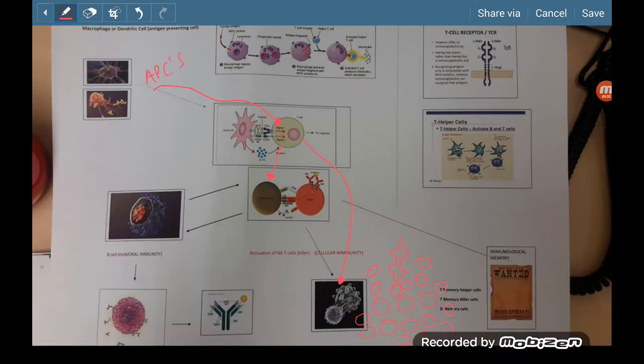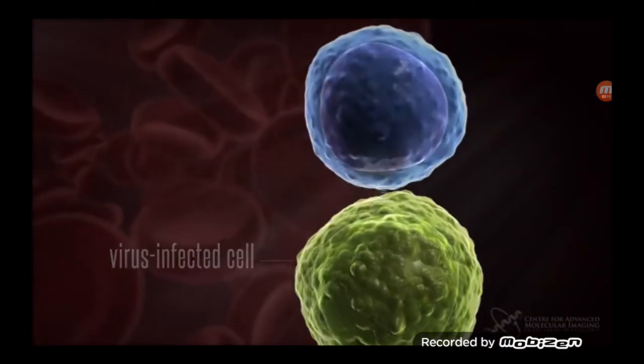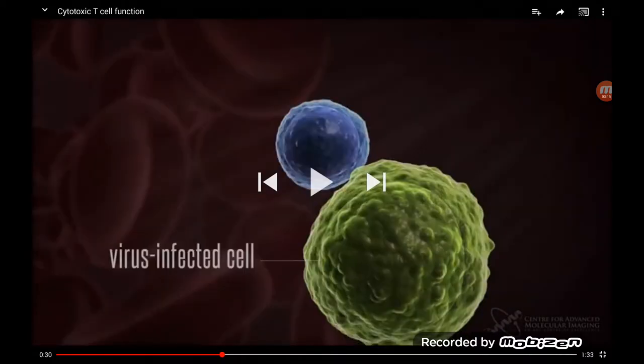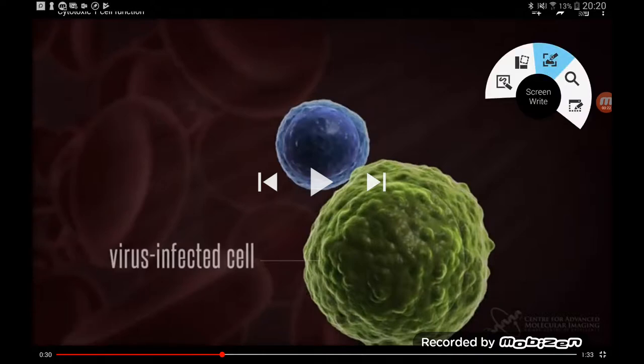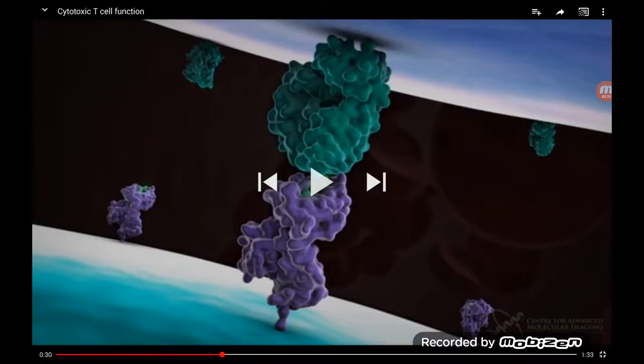Well, if we go to a video here, I'm going to see if I can get it to the right place for us. If we pause this here, we can see that we have a virus-infected cell here, and in the background is a cytotoxic T cell.